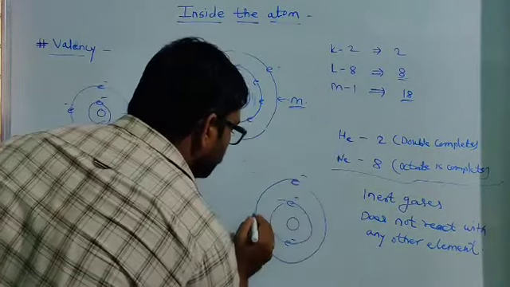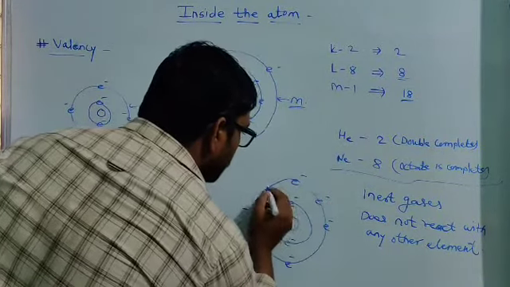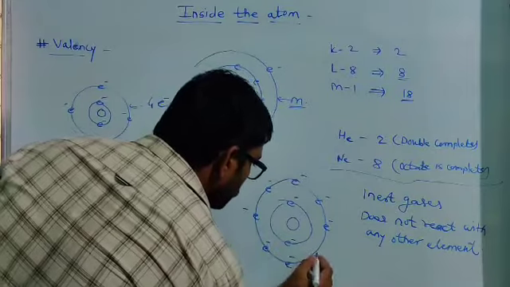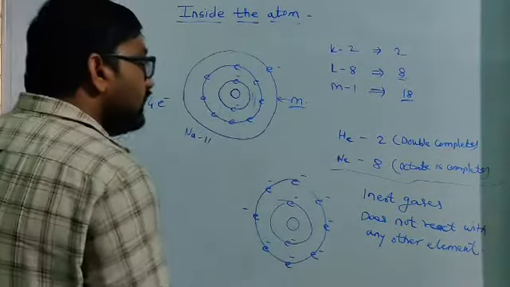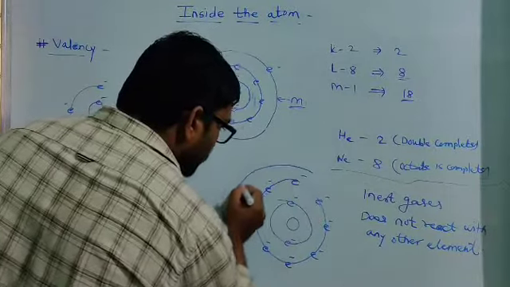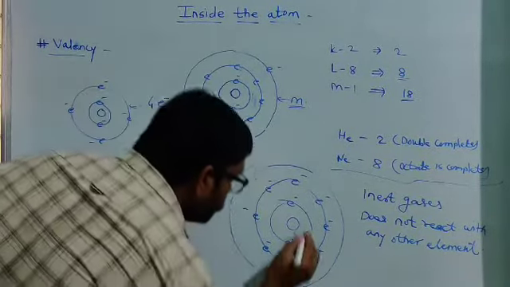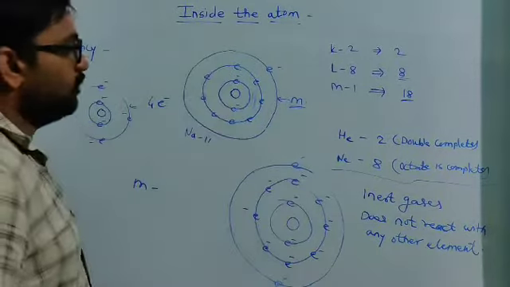Then the L shell, which has 8 electrons. And now 10, still 2 electrons remain. Those 2 electrons are present in the outermost shell.